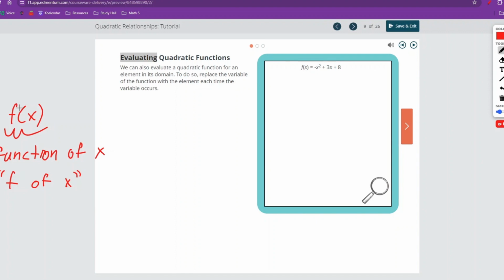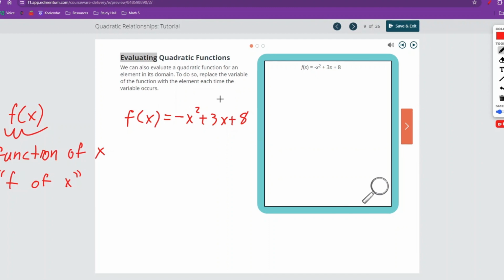And what this means is that this is a function that contains the variable x. So let's go ahead and recreate and rewrite the given equation, that being negative x squared plus 3x plus 8. So this is your given function.